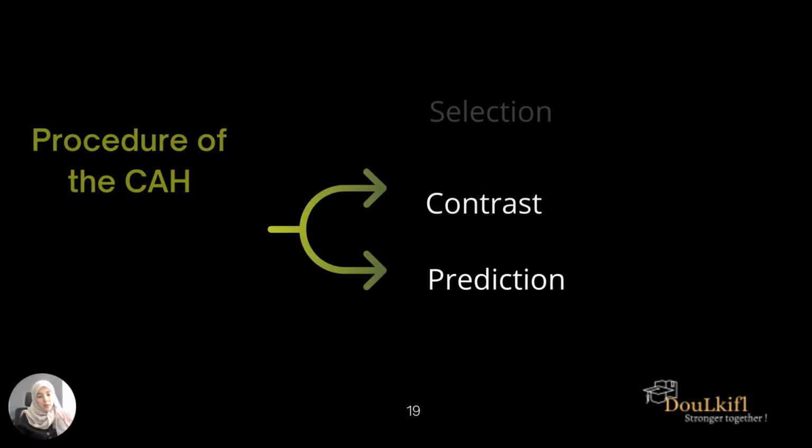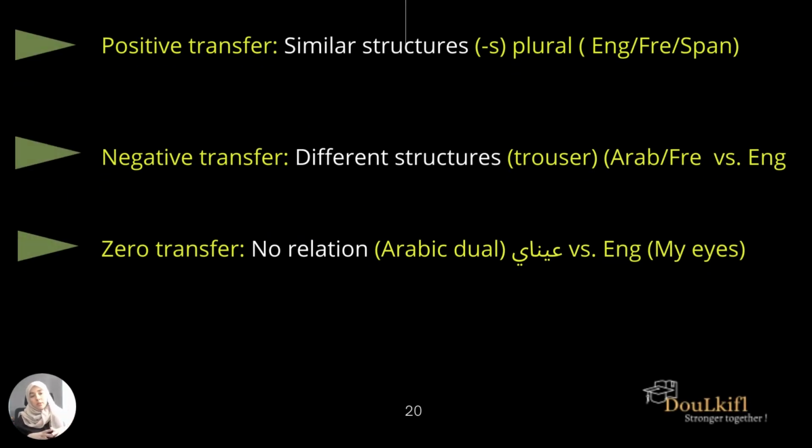Okay, so we have three predictions basically. There is a positive transfer if these two structures are similar, like the plural S in English, French, and Spanish. Okay, this is a positive transfer, similar structures, no problem, no difficulty.